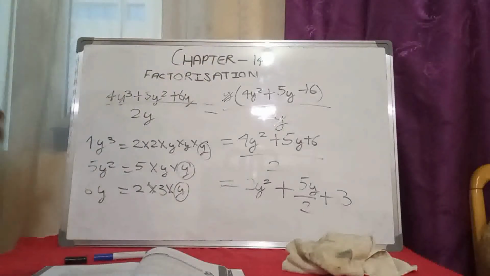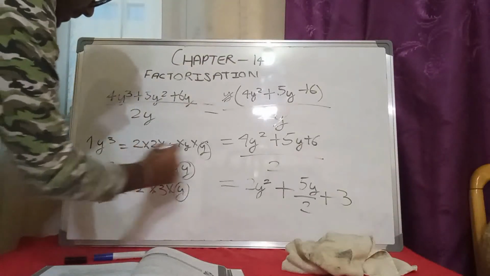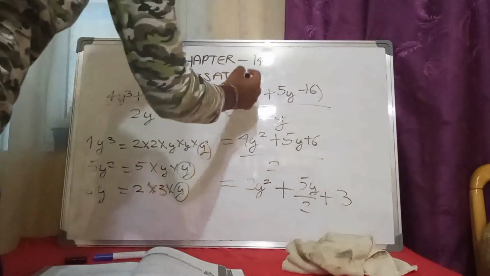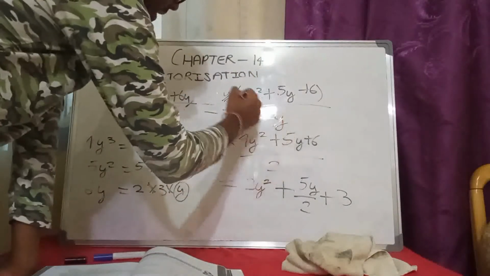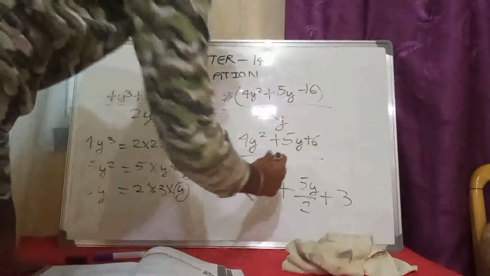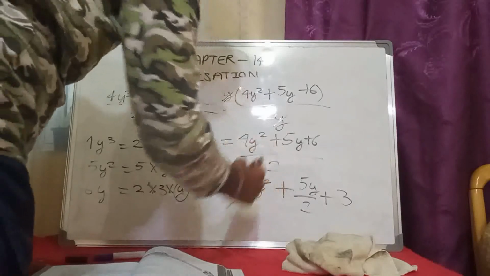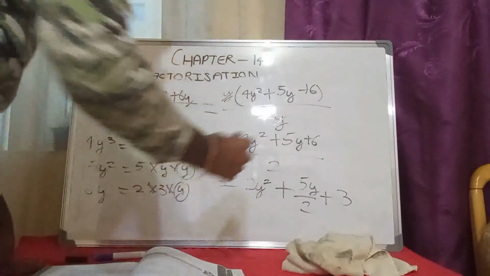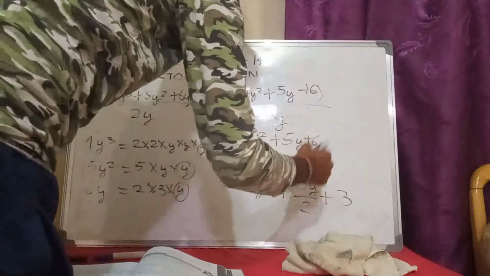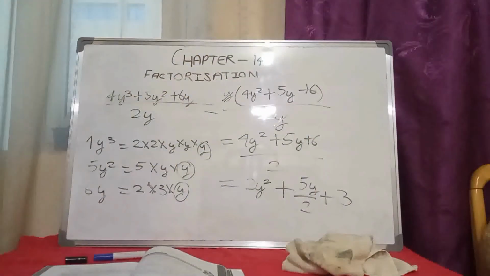So how do we do it? 4y cube is written like this. The common factor y comes out. Then we divide y and y, so we are left with 4y square plus 5y plus 6 divided by 2. 4y square divided by 2 gives 2y square, 5y divided by 2 stays the same, and 6 divided by 2 will be 3. So we get it like this.